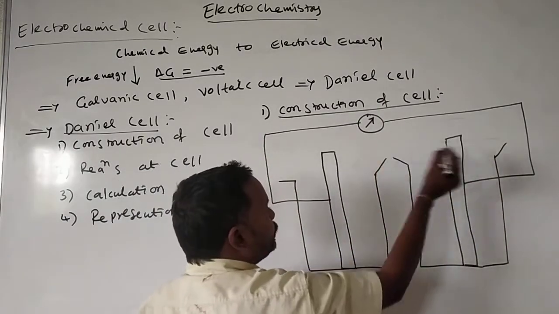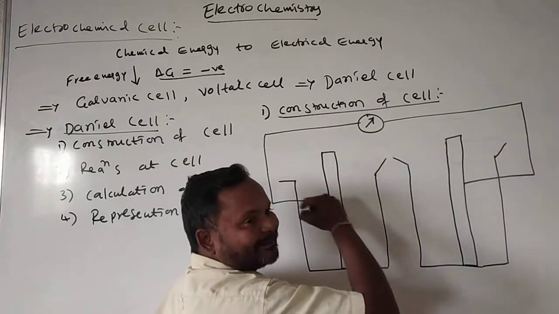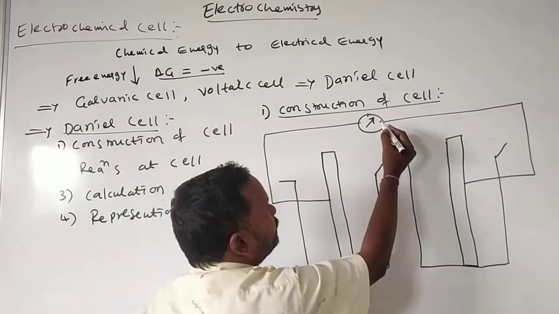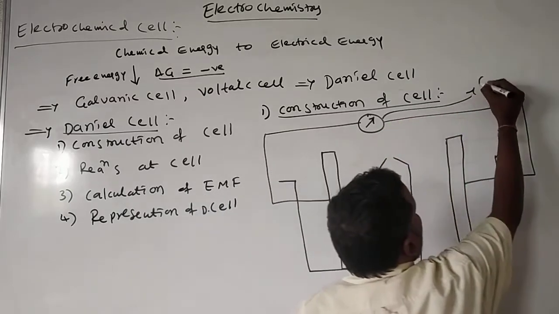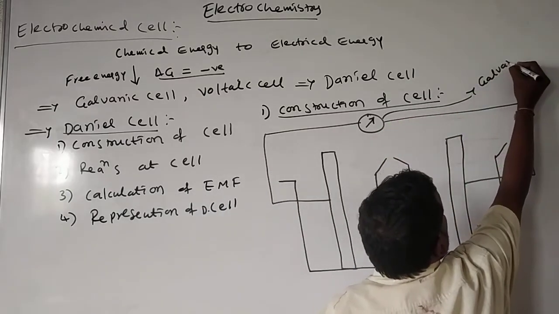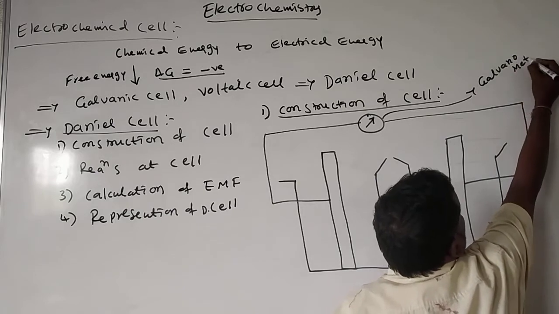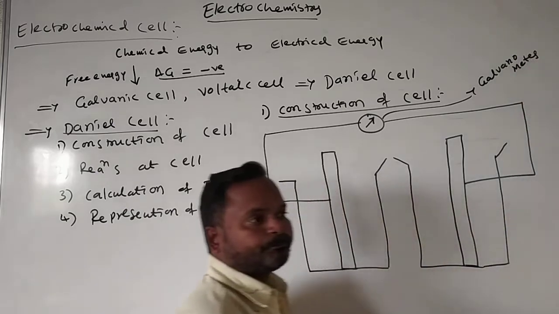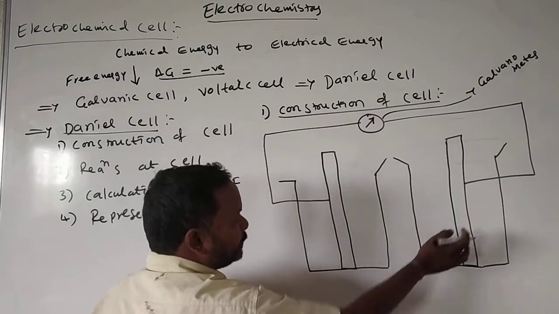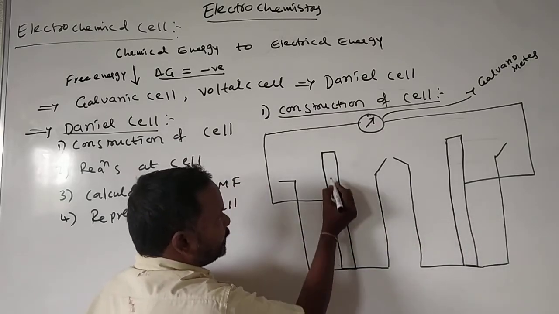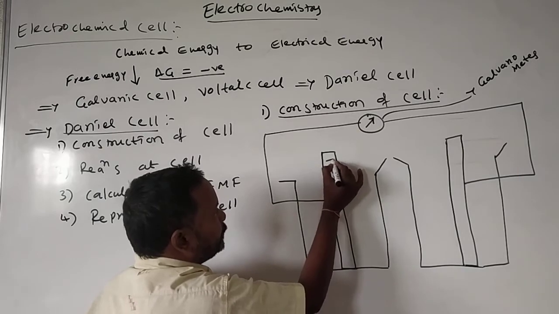These two electrodes are connected by an external wire to the galvanometer. This we call the galvanometer. This is one electrode, here it is a zinc electrode.